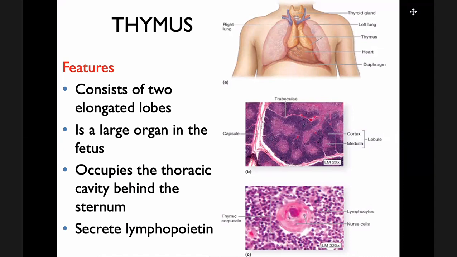T cells, as I said, can be of CD4 or CD8 lineage. Now, during the development of these cells, you have a stage where your T cells express both of these molecules, CD4 as well as CD8.